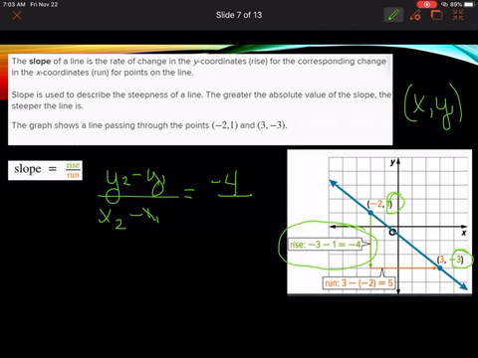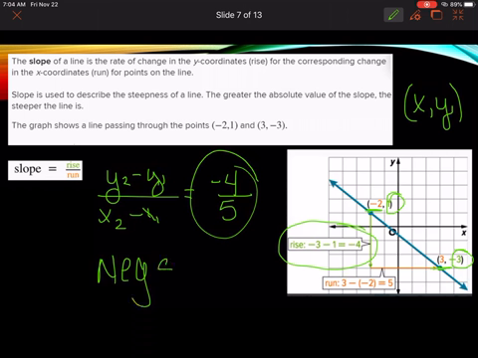Then the run, I'm going to take the x coordinates of both, subtract them, and I get 5. And that is my slope, negative 4/5. I know my slope is going down, so this is a negative slope because I am going downhill.